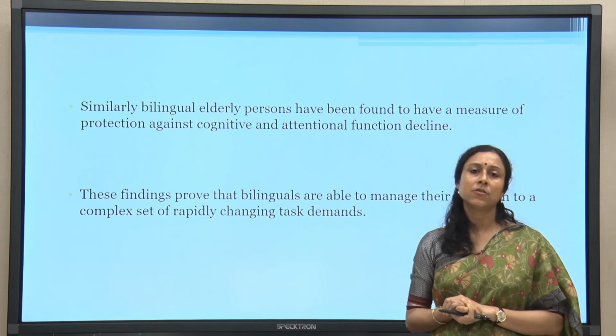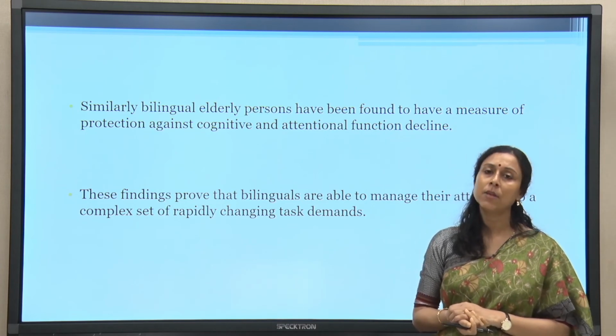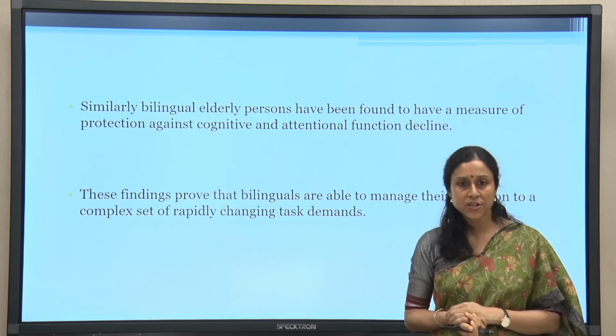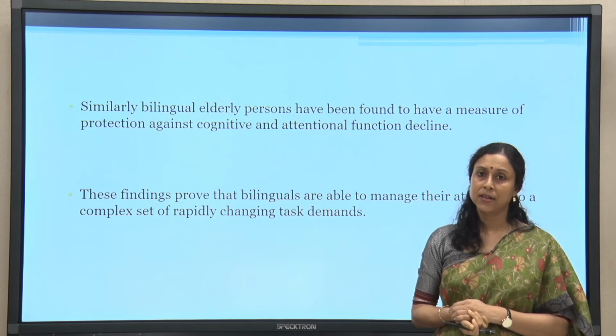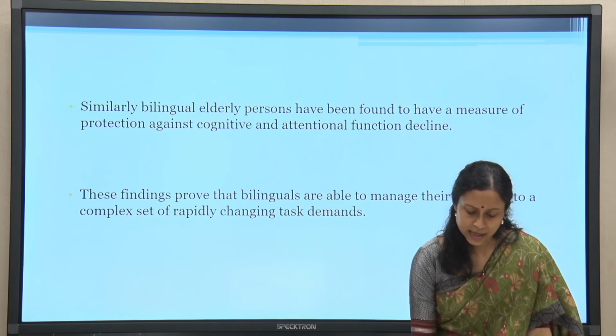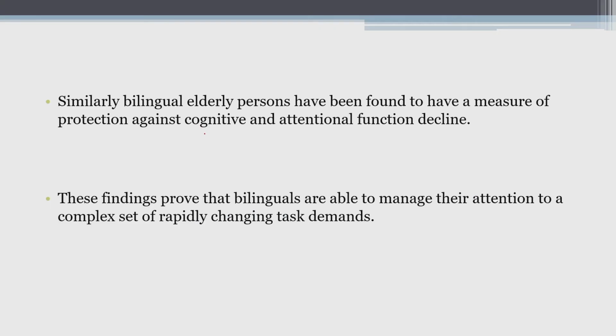So, this has led to the belief that bilingual people, in the elderly population, have a kind of protection against the cognitive and attentional decline that typically affects people after the age of 60 years, such as Alzheimer's and Parkinson's. A large amount of data actually points to the fact that they have later onset of the diseases, which has of course been challenged, and there is a lot of work going on in that domain till now.